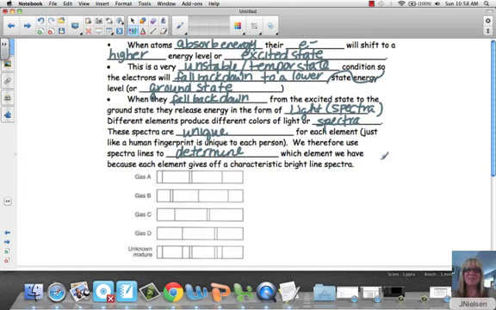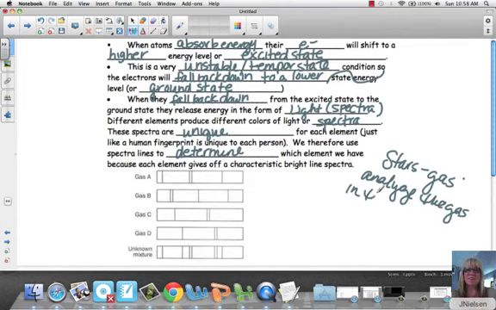And this is used, you know that stars are made of gas, right? So scientists can analyze the gas in the stars to determine which elements are present.